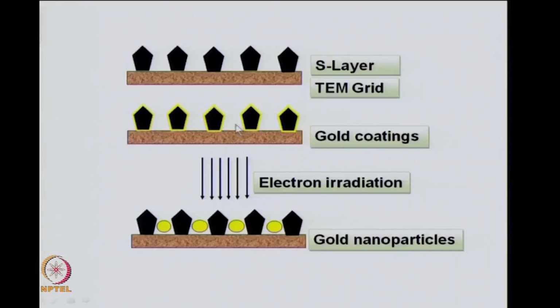So, you can have gold particles in these gaps which have kind of melted and reunited to form droplets on being exposed to an electron beam.